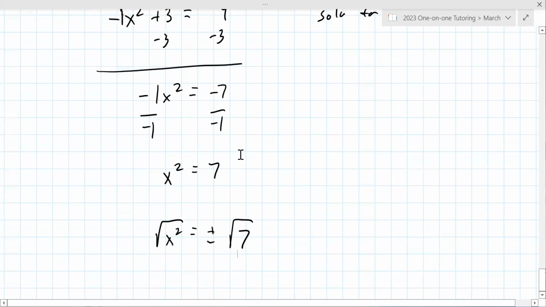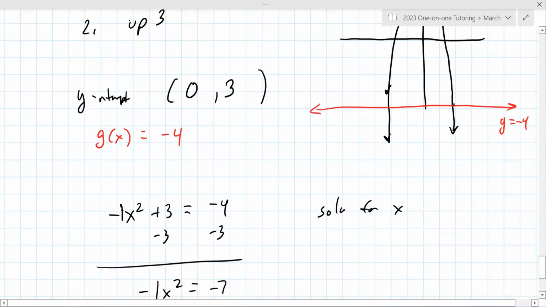That's right. So you go back to your graph here. The one on the right is positive square root of 7, comma -4. And the one on the left is minus square root of 7, -4. If you notice in all the graphs we've done, it's always positive square root, that y value, negative square root, and that y value.